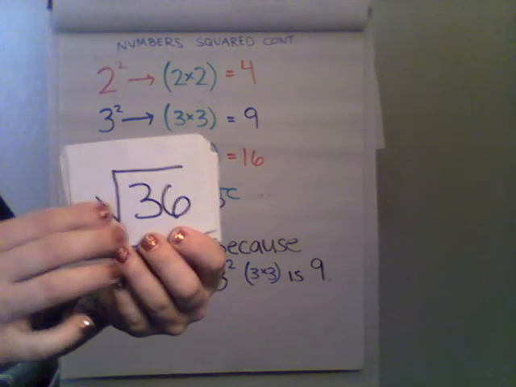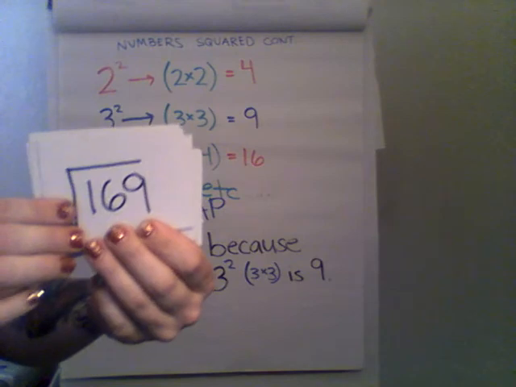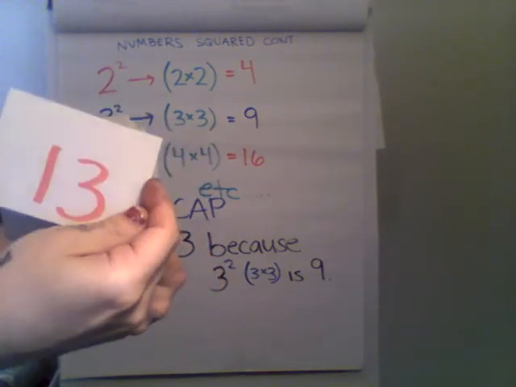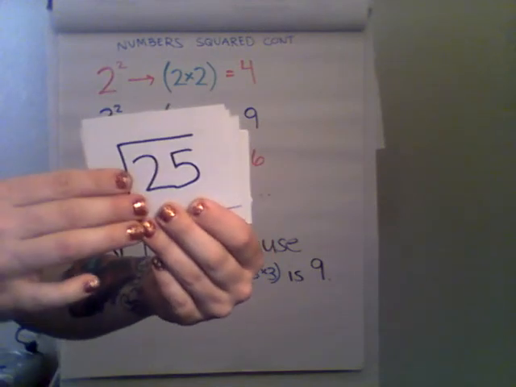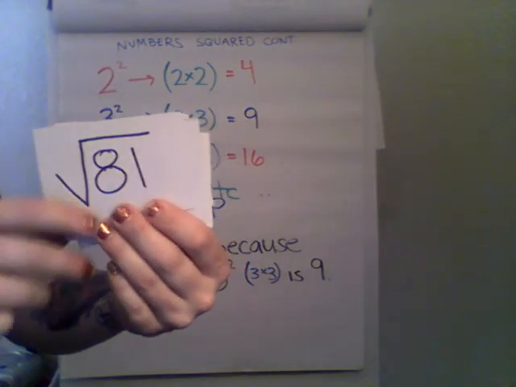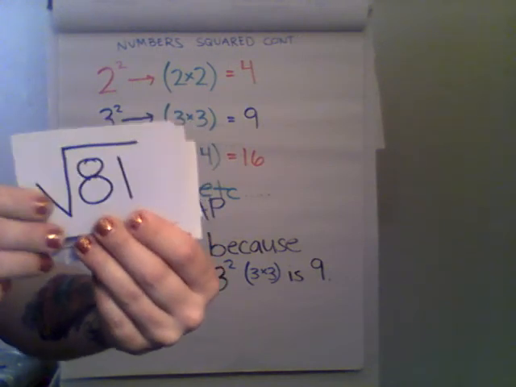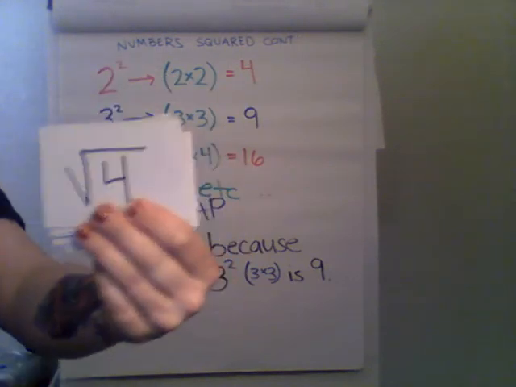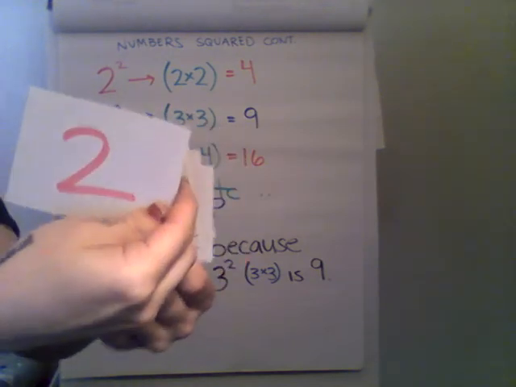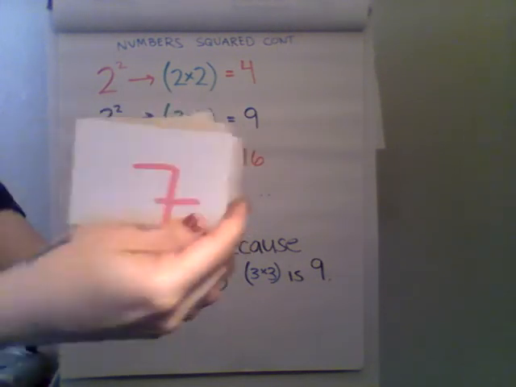The square root of 36 is 6. Very good. The square root of 169 is 13. Very good. The square root of 25 is 5. Very good. The square root of 81, you're absolutely right. It's 9. The square root of 4 is 2. The square root of 49 is 7.